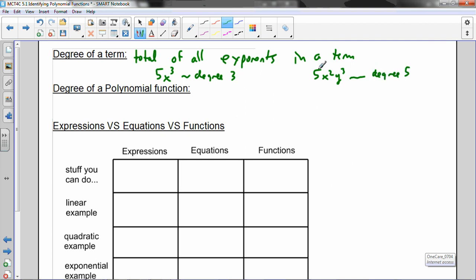And usually when we write polynomial expressions, we write them with the degree going down. So the highest degree and then the next highest and so on. The degree of a polynomial function or a polynomial expression is the highest single term degree.